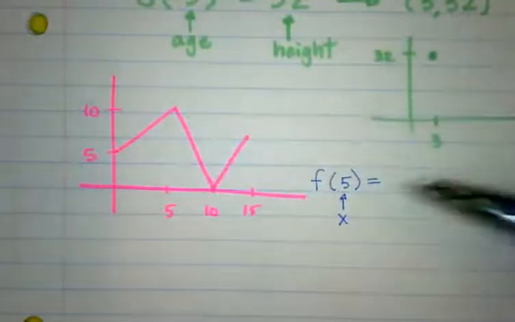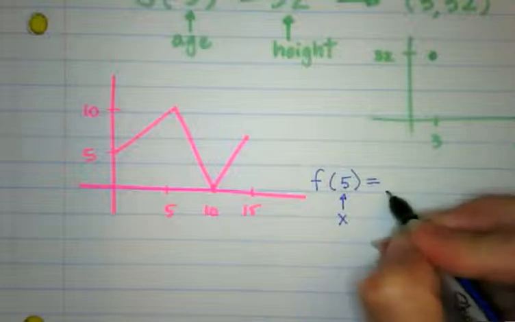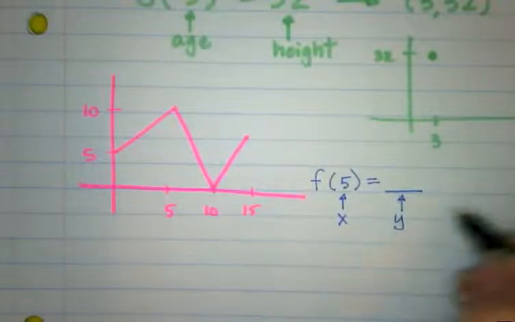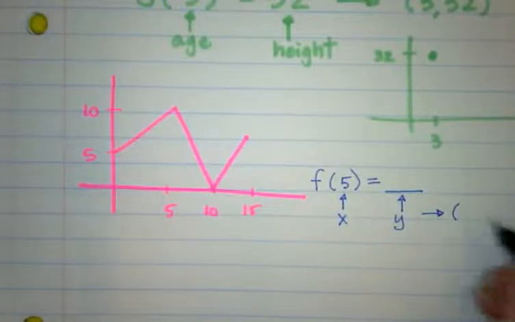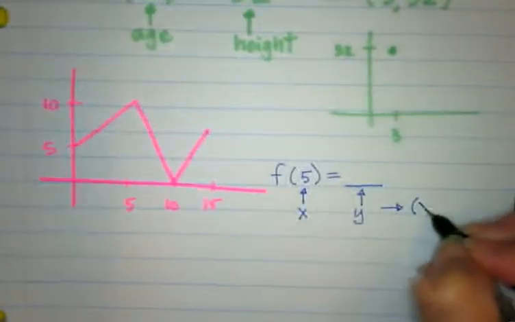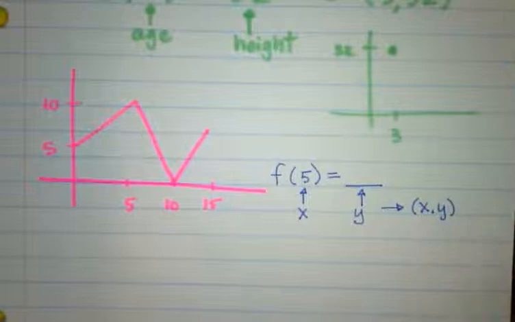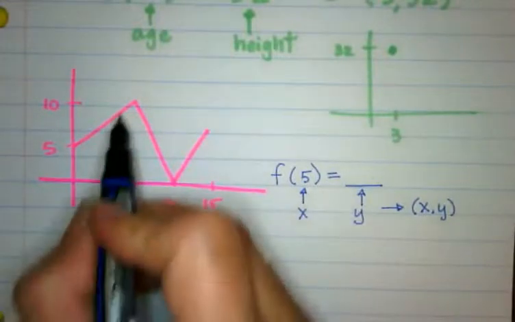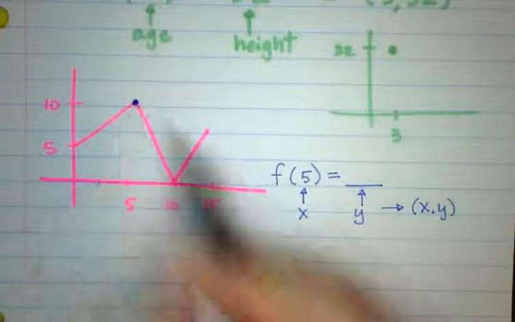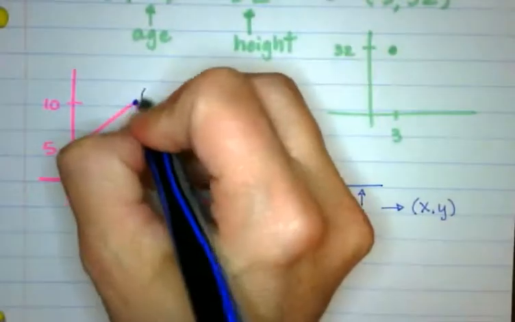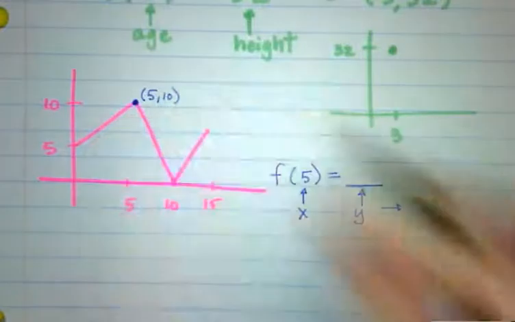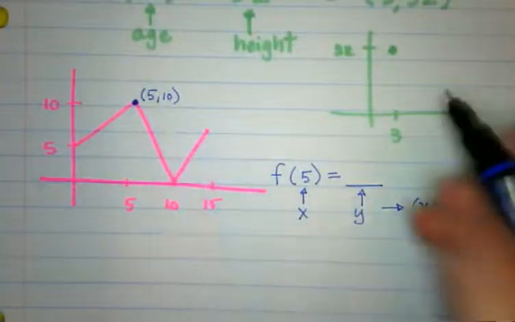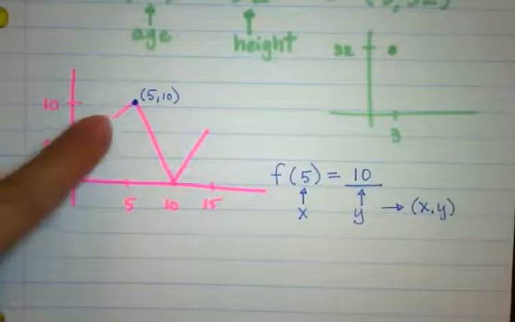So I know that f of 5 is going to equal something, and I know that something is the y, which then would transfer into an ordered pair, which would be x, y. So I know that if my x is 5, and I look right here, and I go up, the point right here is the point 5, 10. So that must mean that if I filled in 5 for x, I got an answer of 10 for y.